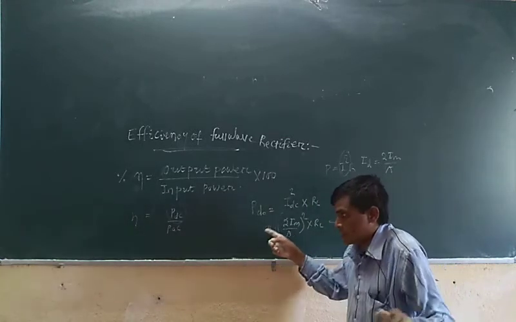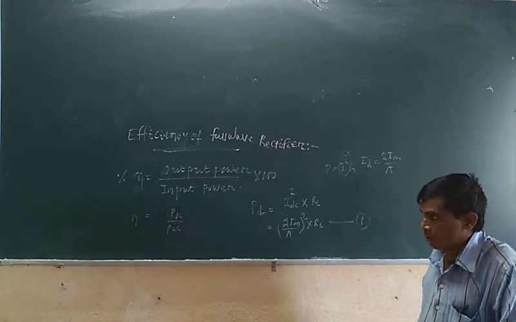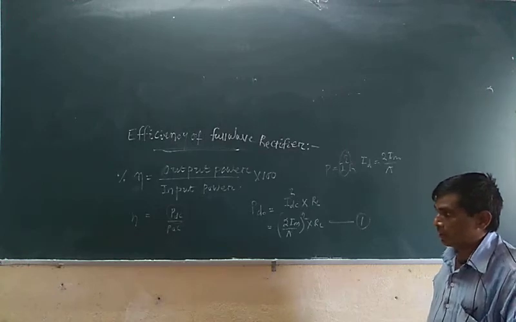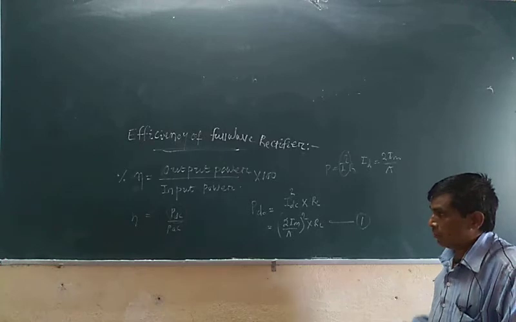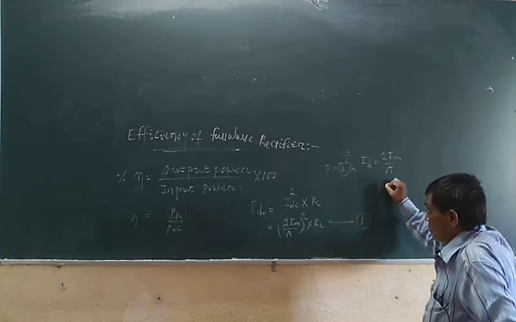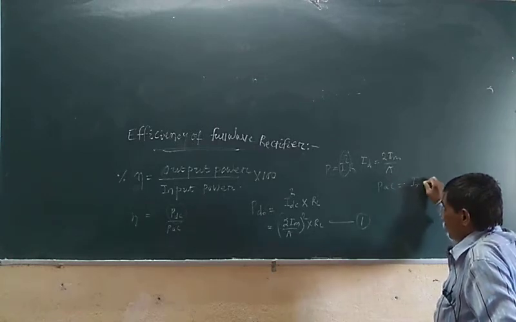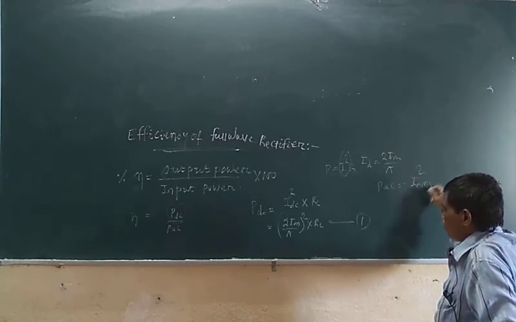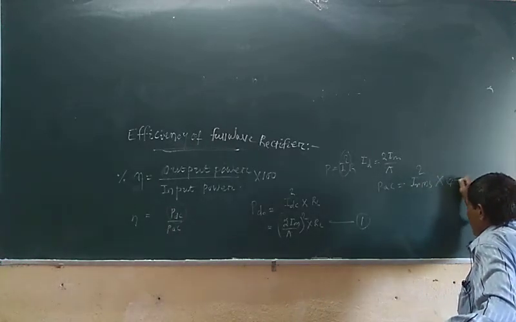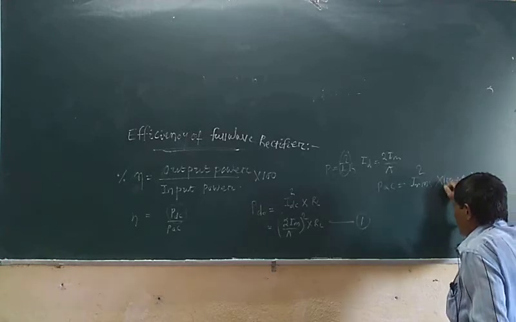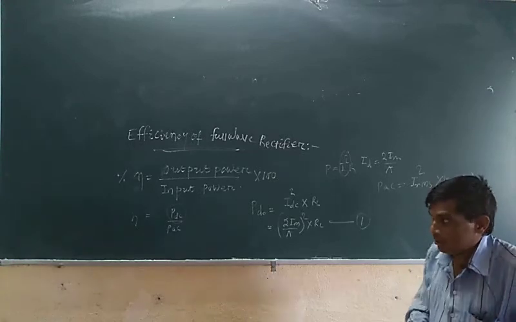Now we calculate PAC. PAC means the AC power that passes through the load resistor. PAC equals IRMS square into (RF plus RL), because RF is the diode resistance and RL is the load resistance.